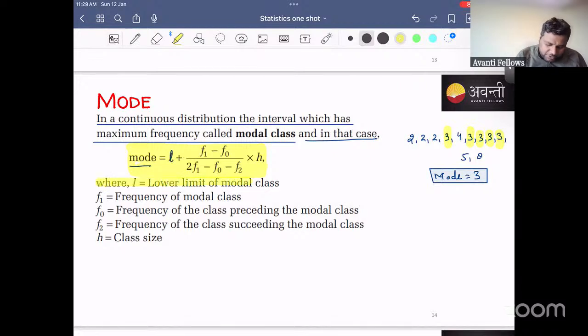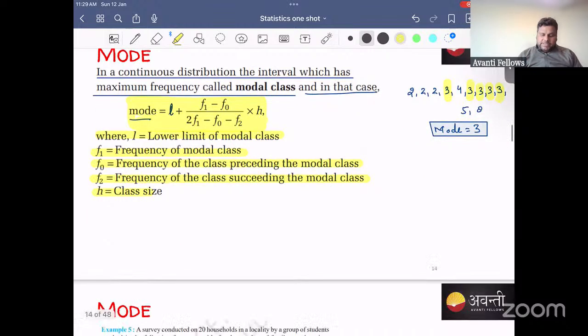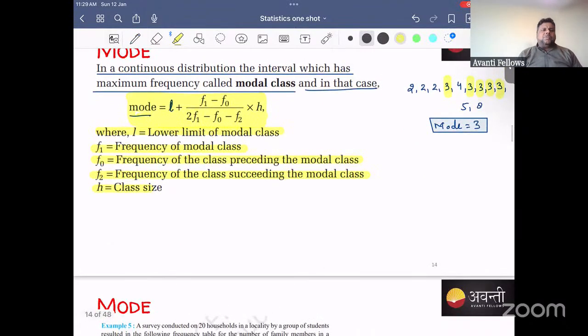Where L is the lower limit of the modal class. F1 is the frequency of the modal class. F0 is the frequency of the class preceding the modal class. F2 is the frequency of the class succeeding the modal class. And H is the class size. Got it? So this is a formula that you have to remember. There's no other way around it. Formulas are there, we have to remember.